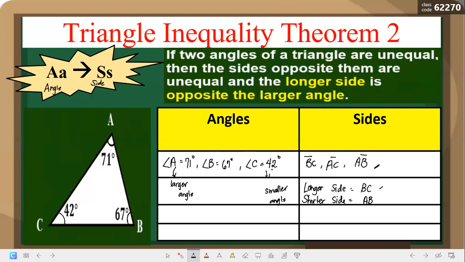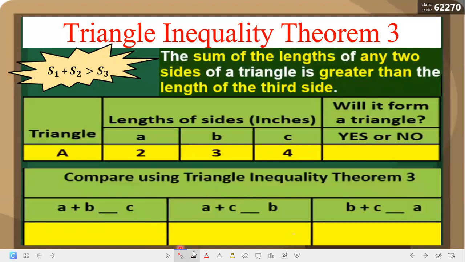Then shorter side is opposite kay angle C, which is AB. So therefore, the longer side is opposite the larger angle. So since ito yung larger angle natin, which is angle A, ang opposite niya is BC, this will be the longer side.